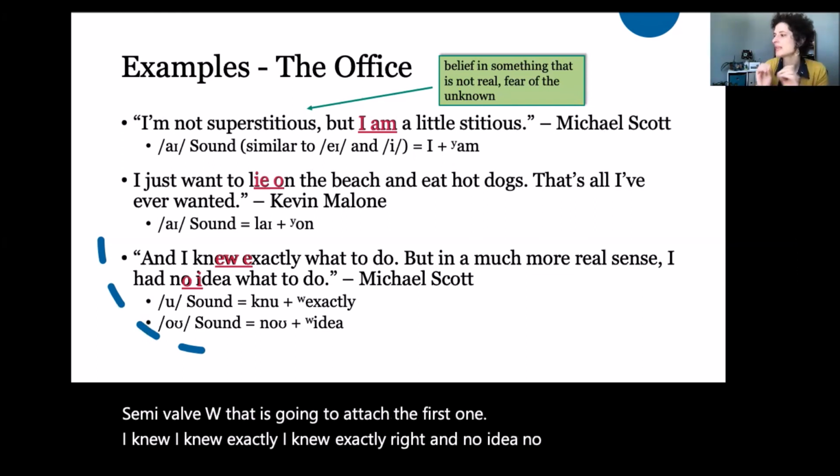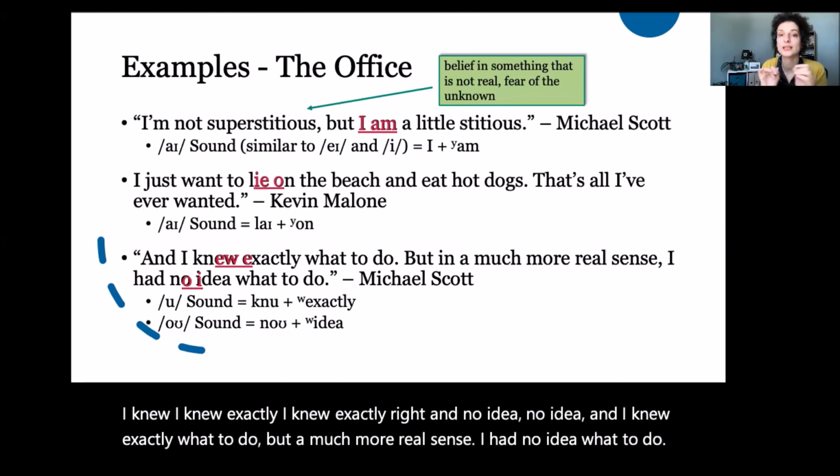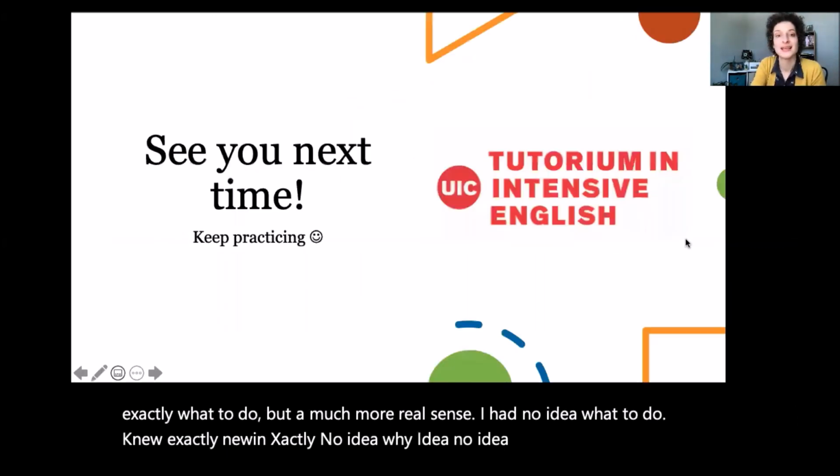I knew exactly what to do, but in a much more real sense, I had no idea what to do. Knew exactly, no idea. So this is linking vowels to vowels.